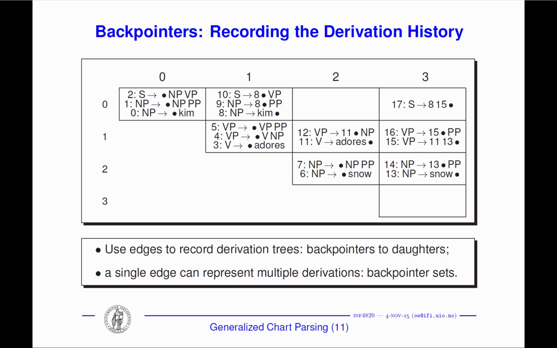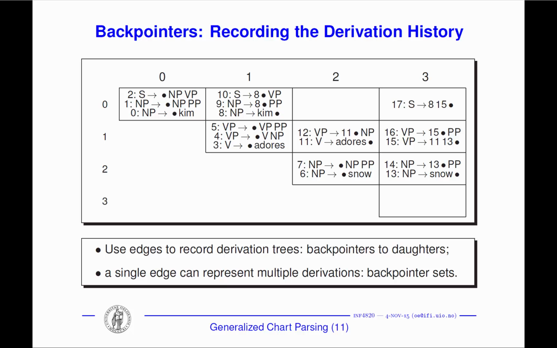We'll use a technique that we used in a somewhat similar application in the Viterbi algorithm, though it's a loose parallel. We'll start to keep track not of the categories that we have found, but of the passive edges that served to allow us to advance the dot.